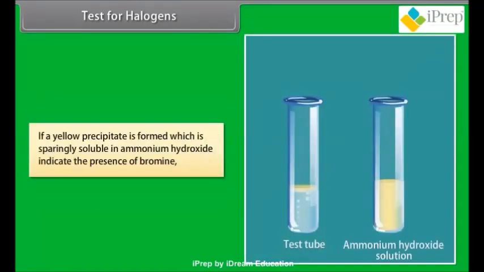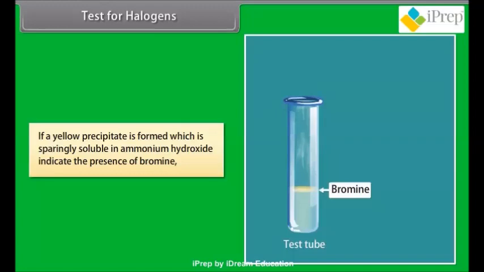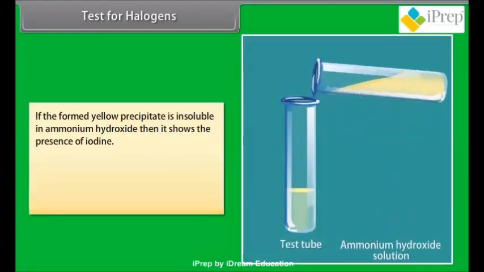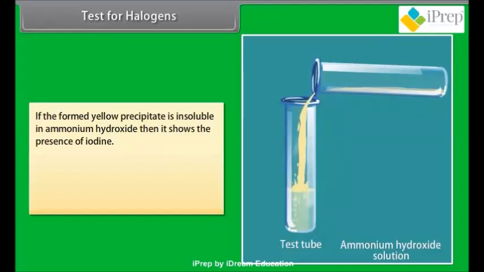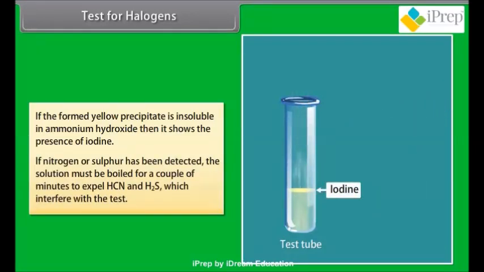If a yellow precipitate is formed which is sparingly soluble in ammonium hydroxide, it indicates the presence of bromine. If the yellow precipitate formed is insoluble in ammonium hydroxide, it shows the presence of iodine. If nitrogen or sulfur has been detected, the solution must be boiled for a couple of minutes to expel HCN and H2S, which interfere with the test.